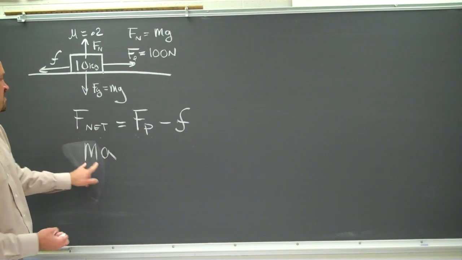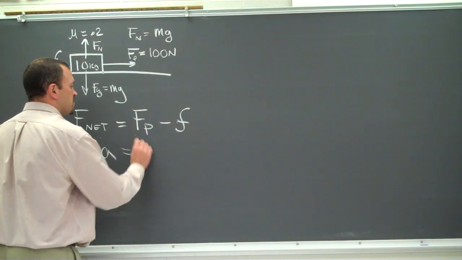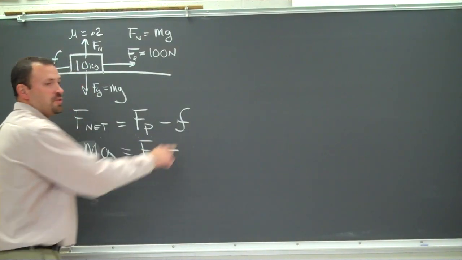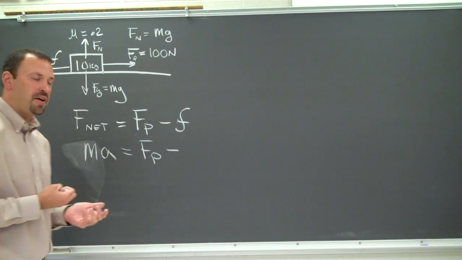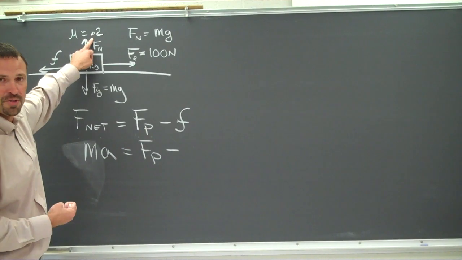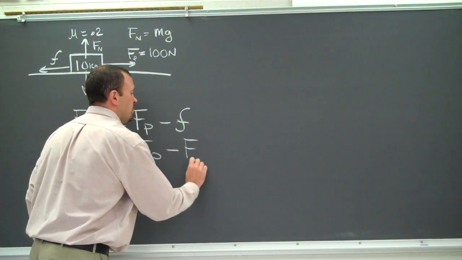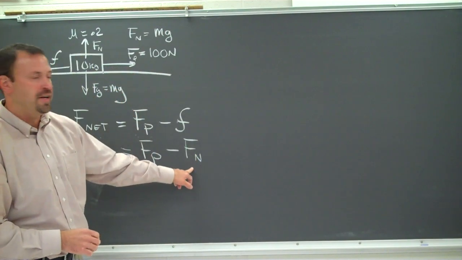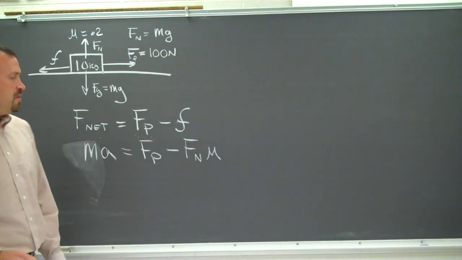Okay, so what really happens is this mass accelerates with some value for acceleration that's equal to this push minus this frictional force. Now the equation we're using for the frictional force, because we've been told it's going to accelerate, and even if we weren't told, we could calculate this based on a small mu, is going to be the normal force, sometimes you'll see just a capital N written there, times the coefficient of friction, the 0.2.